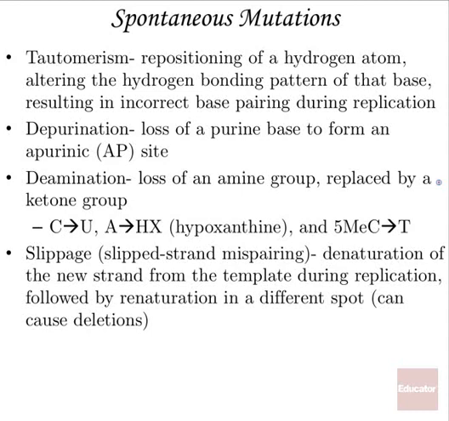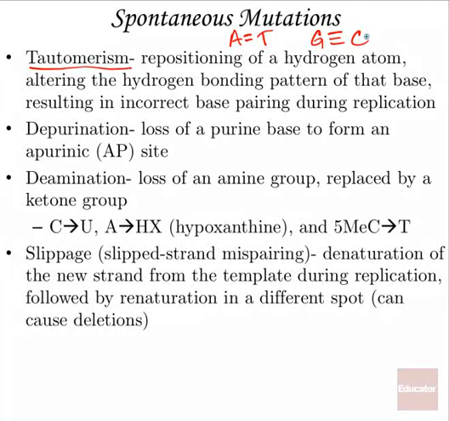Now, some of our spontaneous mutations that we can come across are tautomerism, and that is basically a cause of why certain bases will mispair with other bases. Remember, our A's should always double hydrogen bond to T's, and our G's should always triple hydrogen bond with C's.